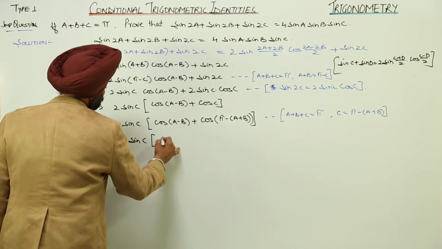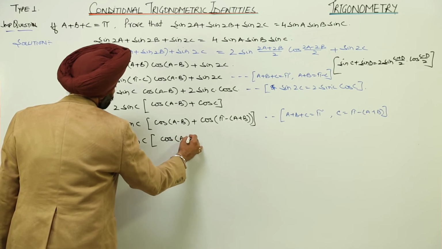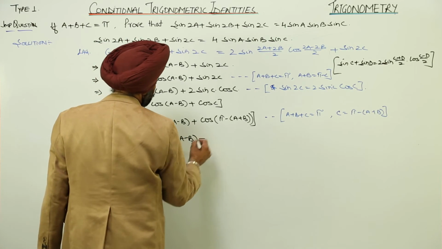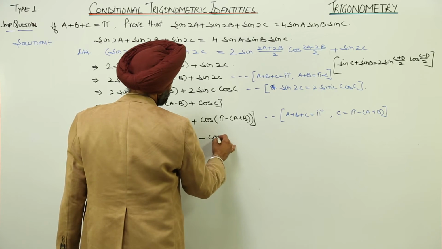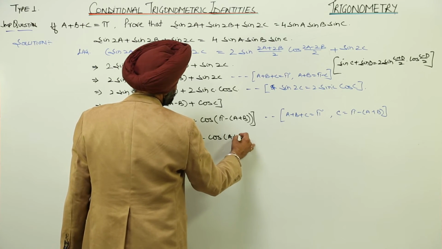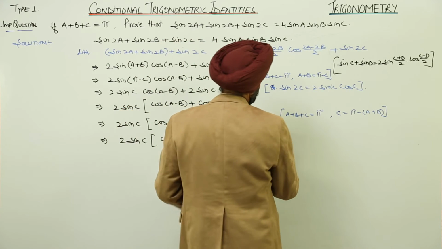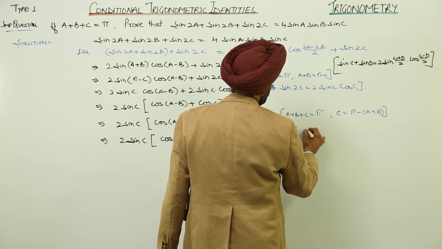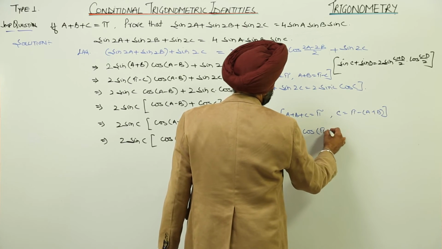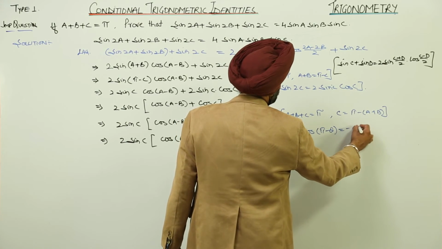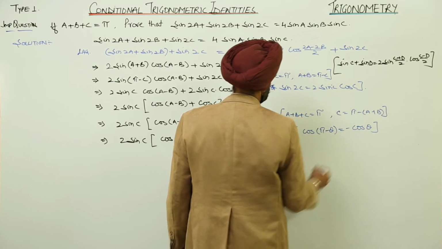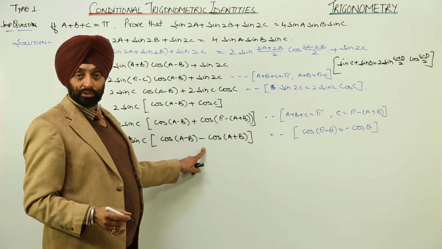So 2 sin C, cos (A minus B) minus cos (A plus B). Cos (pi minus theta) is equal to negative of cos theta, so that's why here it becomes negative.